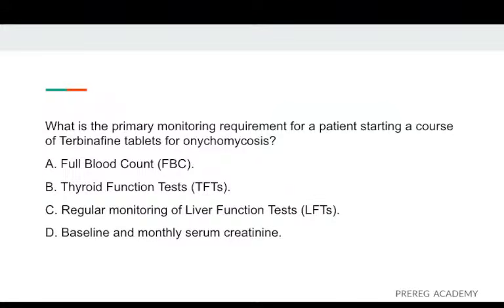So when do you refer patients for fungal nail infection? What are the reasons to refer patients? Okay, if they are diabetic, if more than two nails are affected. So if more than two nails are affected, then the patient should be referred. If the patient is diabetic, then the patient should be referred.